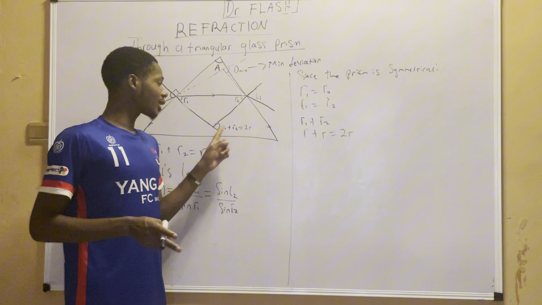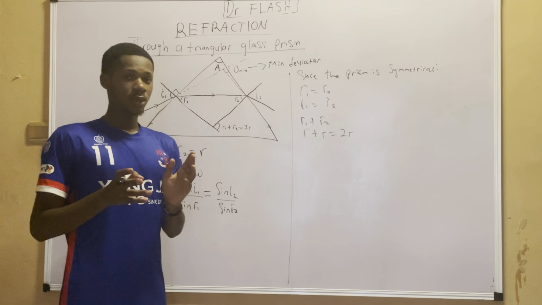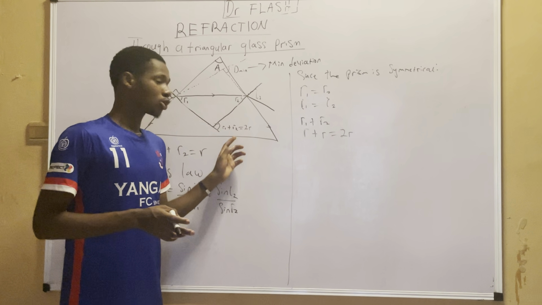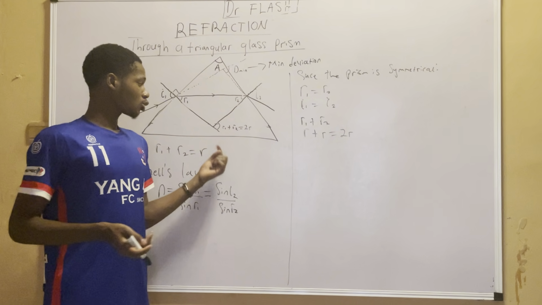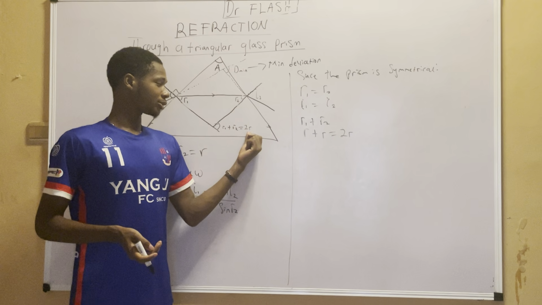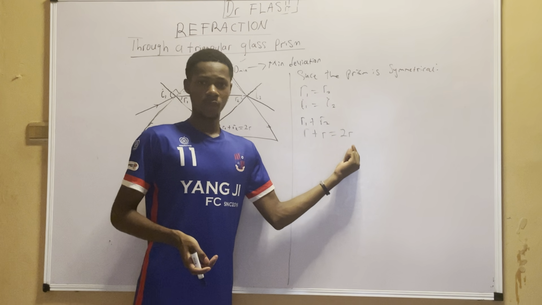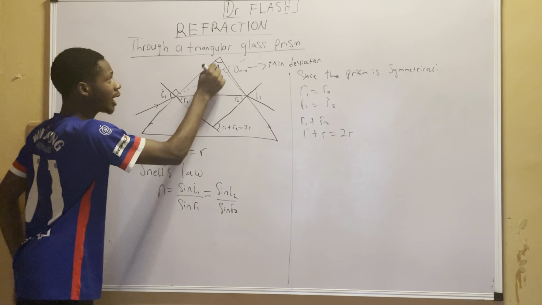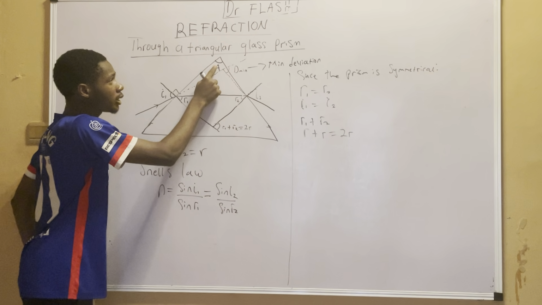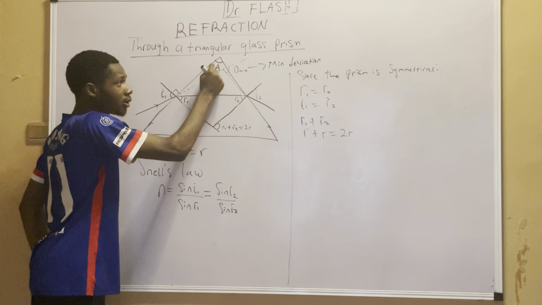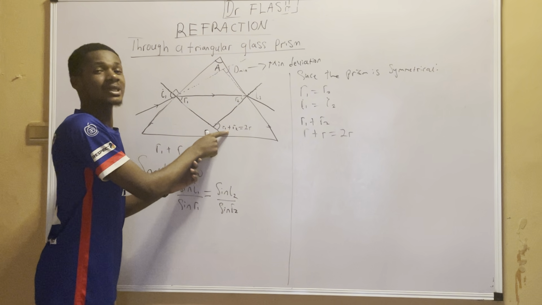Now, since we've seen that R1 and R2 are equal, if I let R1 be equal to R and R2 be equal to R as well, then R plus R gives you 2R. Now that 2R is also here. And then again, from geometry, the interior angle is equal to the opposite exterior angle.